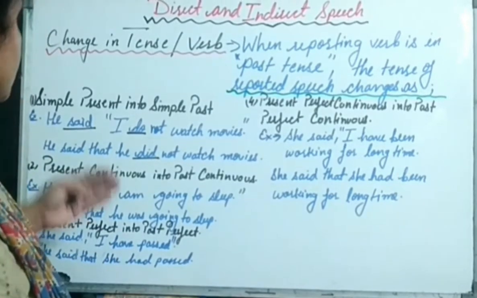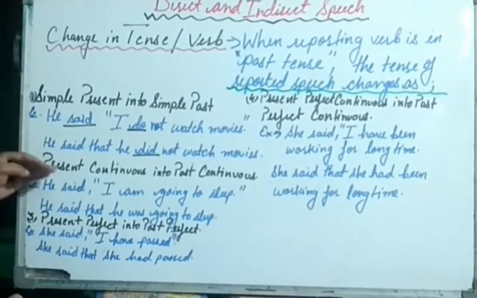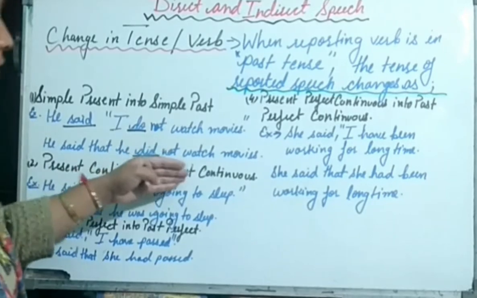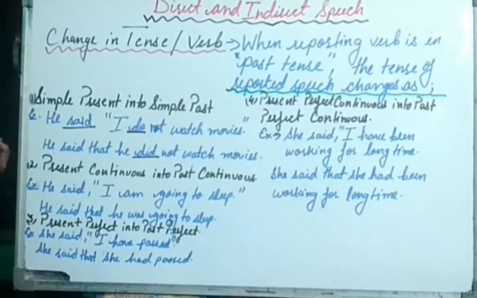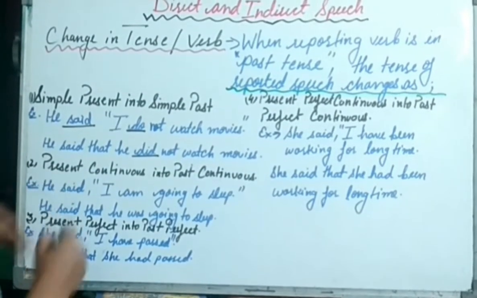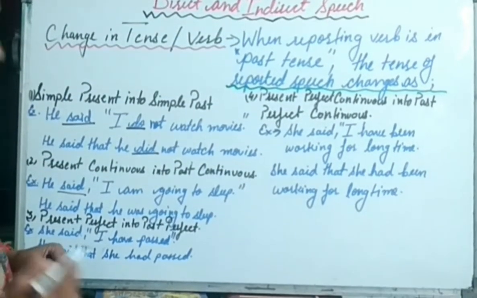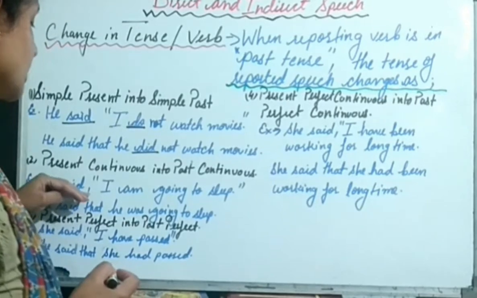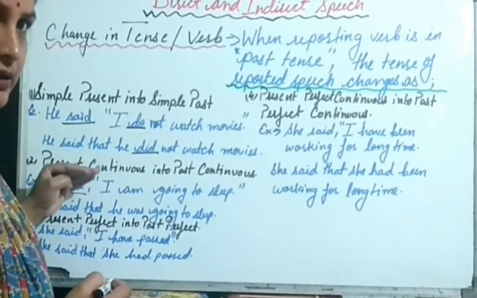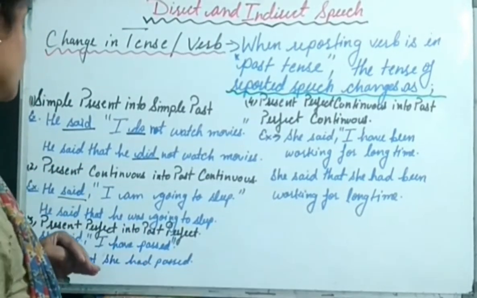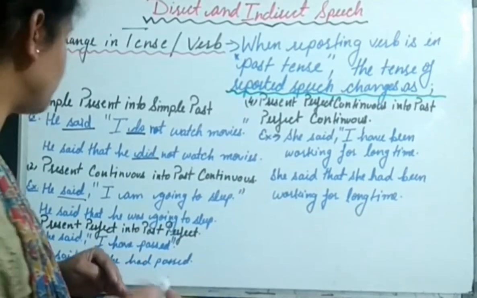Then we move to the next, present continuous into past continuous. Again, "he said" is in past tense, and as the reporting verb is in past tense, we are going to change the reported speech.